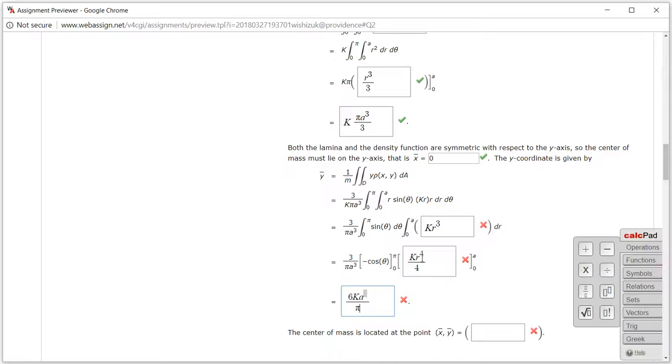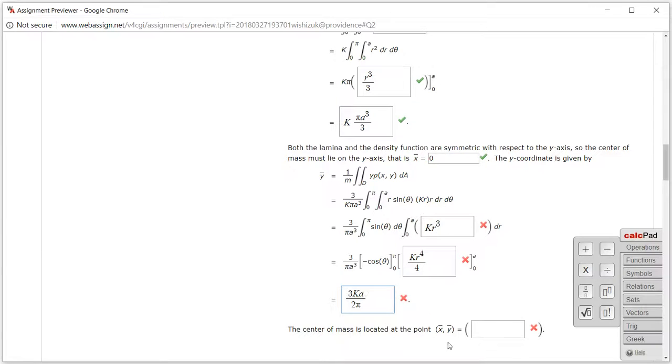Then you're going to have a 4 here. So that's everyone. Divide by 2, that's 3. Divide by 2, that's 2. And that's what we get: 3ka over 2 pi.